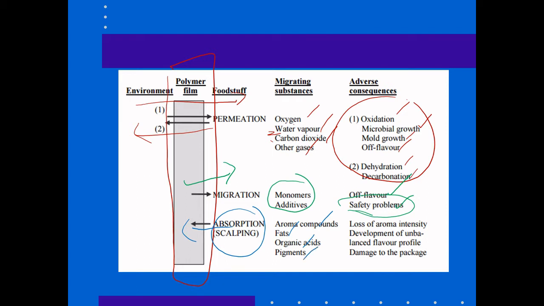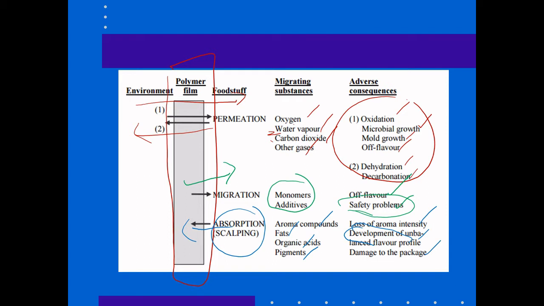And this would lead to the loss of aroma intensity, development of unbalanced flavor profile. And then we will look into detail of this in example in later slides. And also damage to the packaging materials.